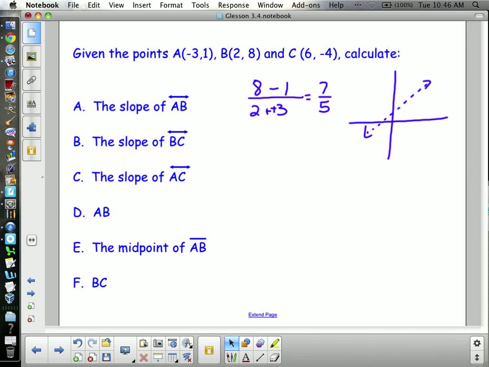I could have done 1, 8, and negative 3, 2, and I'd have come up with negative 7 over negative 5, which would have given me the same thing, because the negatives would have canceled. Reduce your values once you get them. If you can reduce your slope, you should.